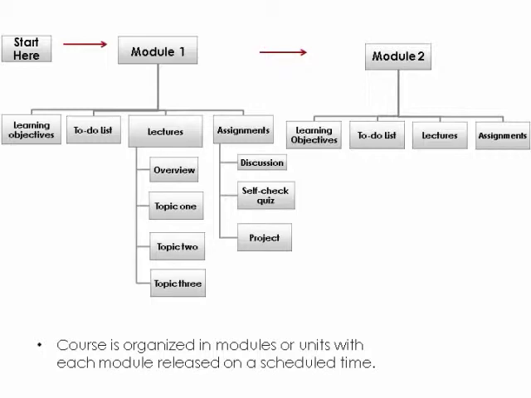Sometimes they organize content by sections, by modules, by units, by chapters. For example, in my online course here, you see I have the Start Here module, and then Module 1. In Module 1, I include learning objectives, and I provide a to-do checklist for students, lectures, and assignments. And then Module 2 follows exactly the same structure. So students have a clear idea what they should expect for each module.